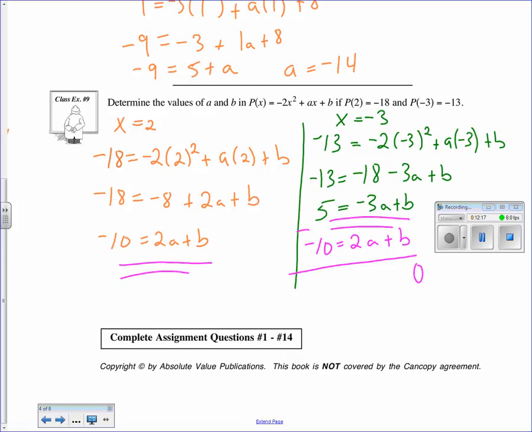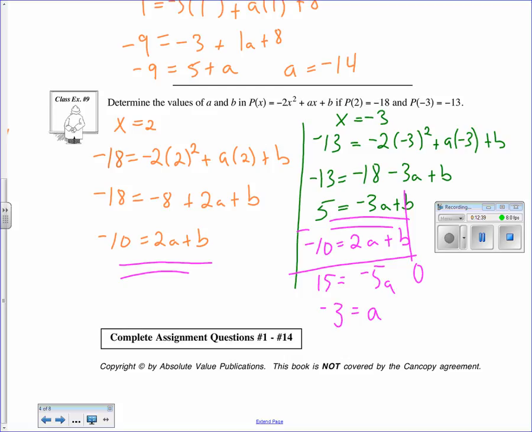I eliminate the b. Negative 3a minus 2a is negative 5a, and 5 minus negative 10 is equal to 15. So I can evaluate that a is equal to negative 3 by dividing by negative 5.